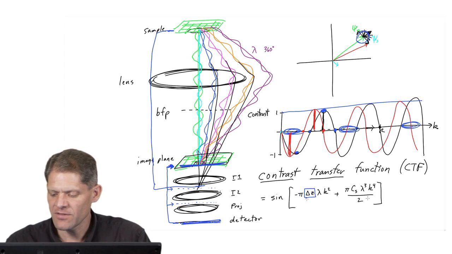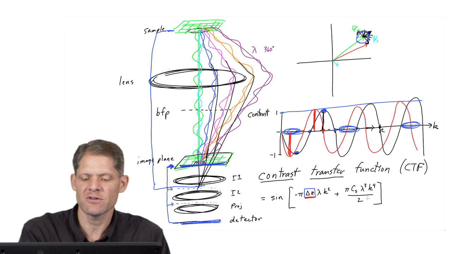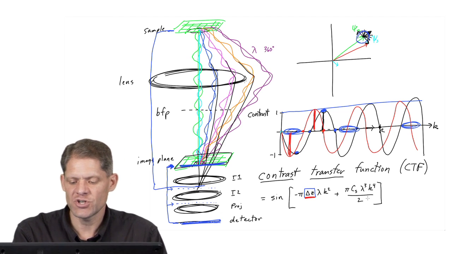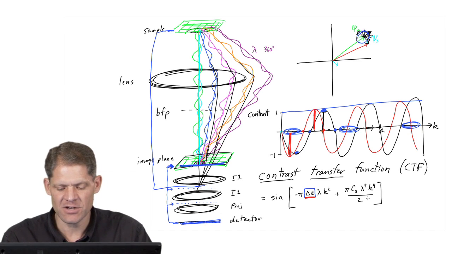And that's why this term defocus is present in the formula for the contrast transfer function. If you change the focus of the microscope, you will shift which plane, you will shift which wave function is being imaged on the detector.